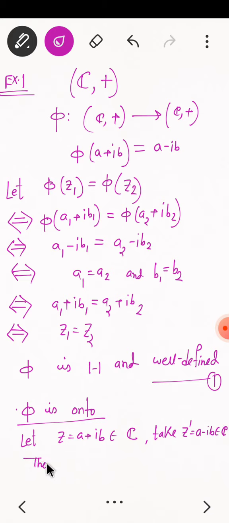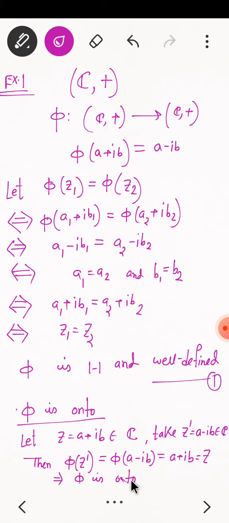Then phi of z dash equals phi of a minus ib, which is equal to a plus ib equal to z. So this implies that phi is onto. We write this as 2.